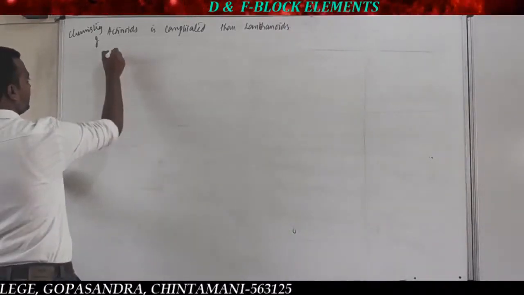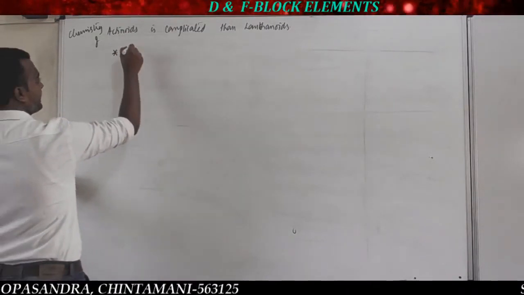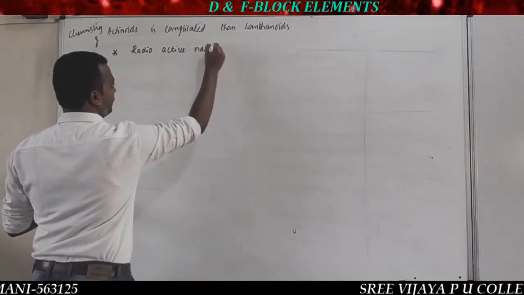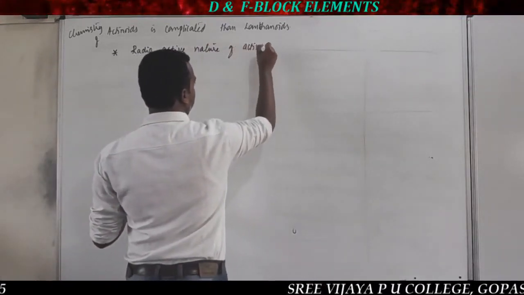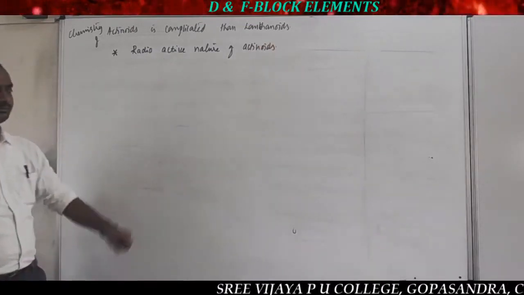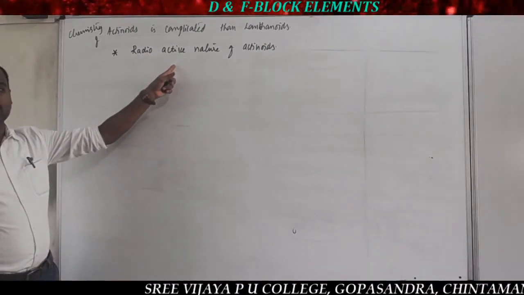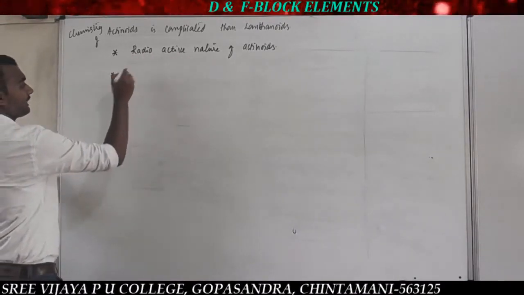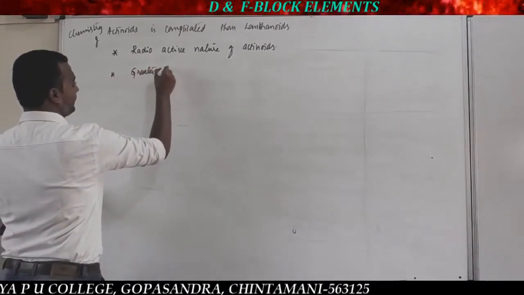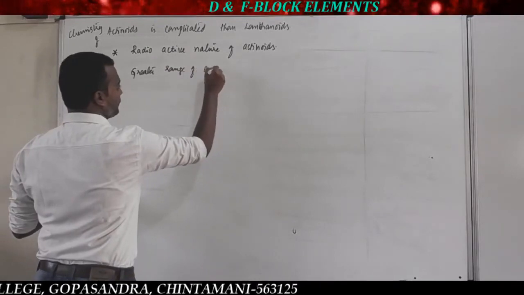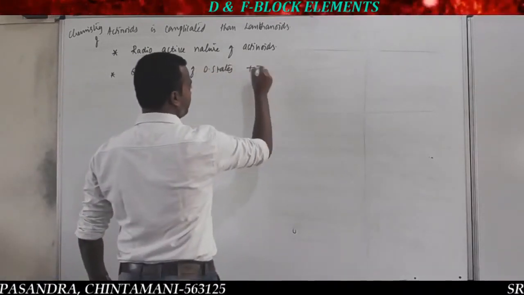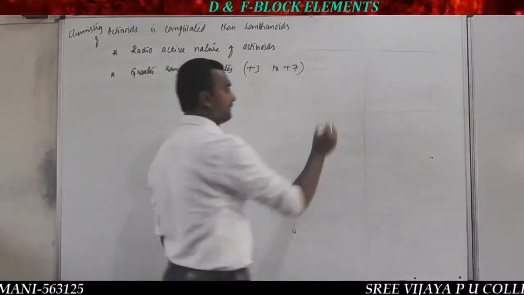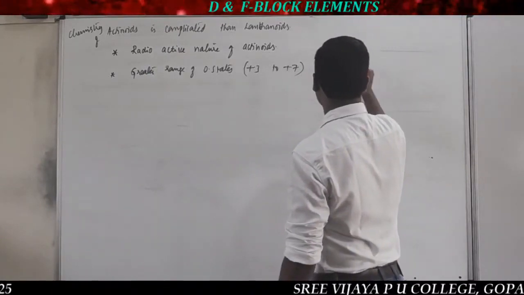One reason is the radioactive nature of actinides. With radioactive nature the nucleus is highly unstable, so studying the properties becomes very difficult. The second reason is that they show a greater range of oxidation states, that is from +3 to +7, compared to lanthanides.